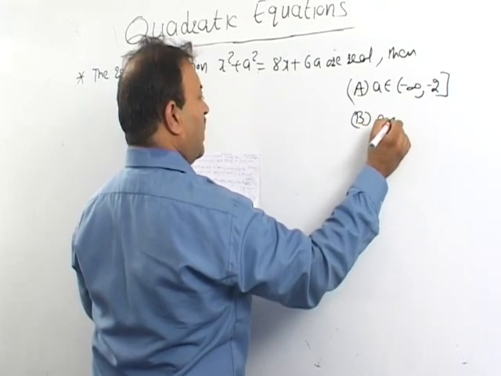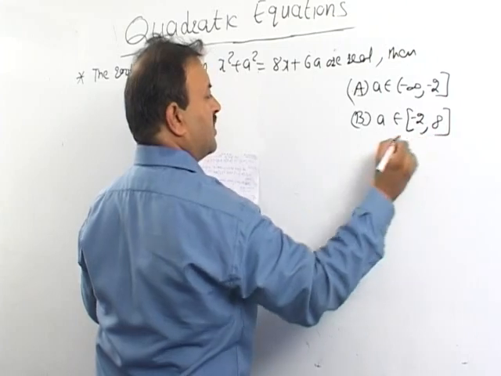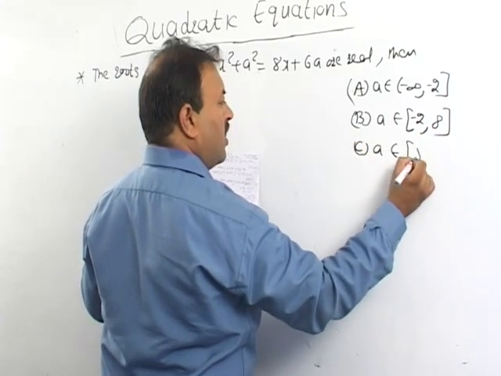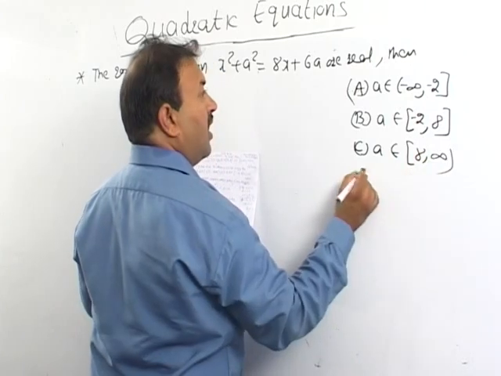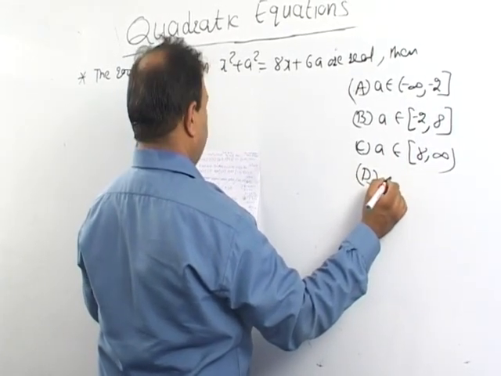B option is a belongs to minus 2 comma 8, again closed interval. C, a belongs to 8 comma infinity, and the D option is none of these.